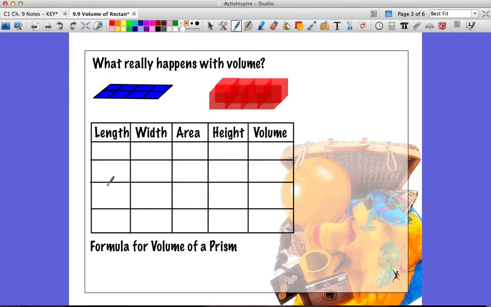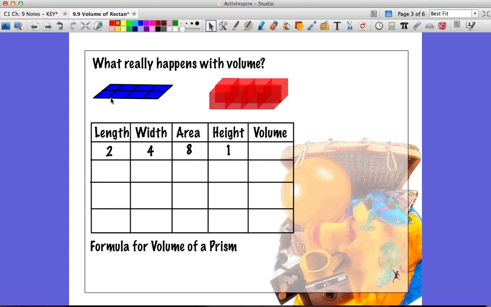Alright, so we're going to take a look at what really happens with volume. So if you take a look at the length of this figure right here, we have a length of 2, a width of 4, and so we have an area of 8. 1, 2, 3, 4, 5, 6, 7, 8. But because it does not build upwards, okay, we have a height of nothing.